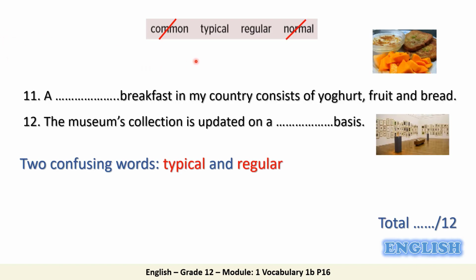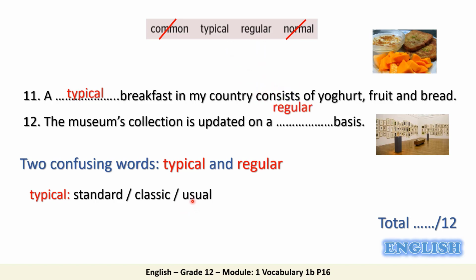Are you ready with the difference between typical and regular? How about your answer to question number 11? Excellent. A typical breakfast in my country consists of yogurt, fruit, and bread. Excellent, because the word typical means something standard, something classic and usual.